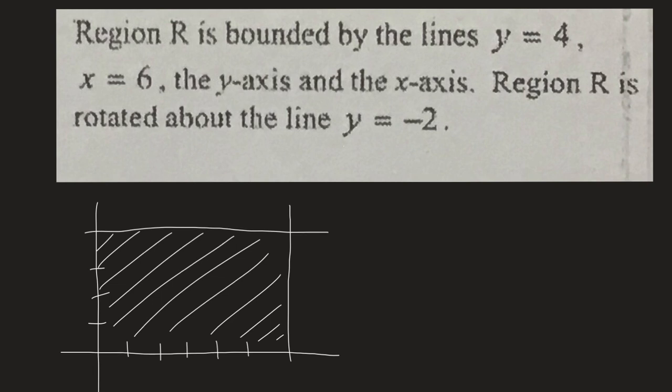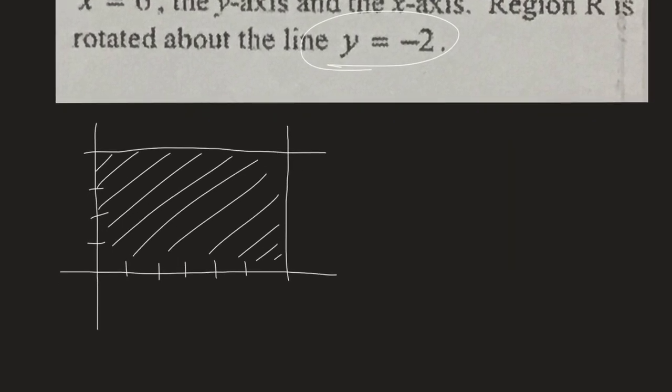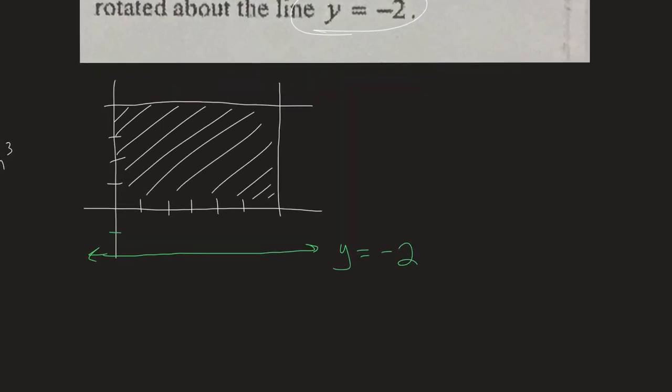But now we're going to rotate it around the line y equals -2. So we go 2 down, and now we have the line y equals -2 as your axis of rotation. If you want to think about rotating this one, we're going to end up with that same cylinder, right? We're going to have a rectangle down here.